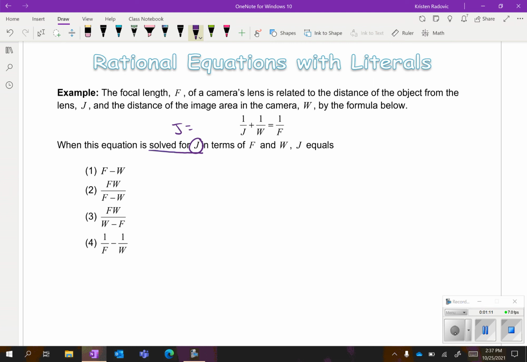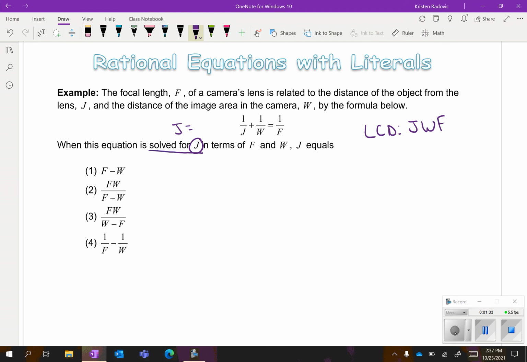In order to do that, because we have three fractions, you need to find your least common denominator, which is your LCD. And we know that the LCD is just a combination of all the denominators that we see. So our LCD is JWF, FJW, WFJ, whatever combination of the letters that you want.